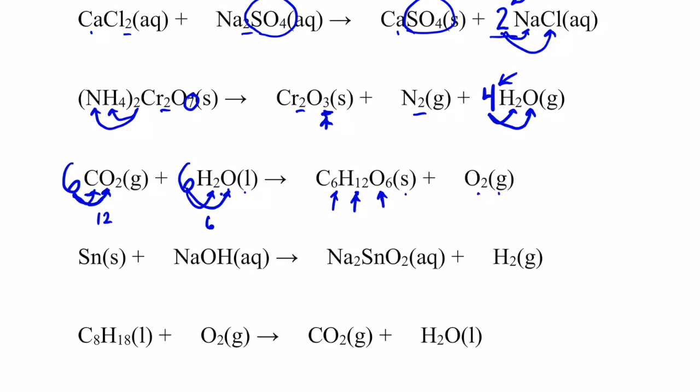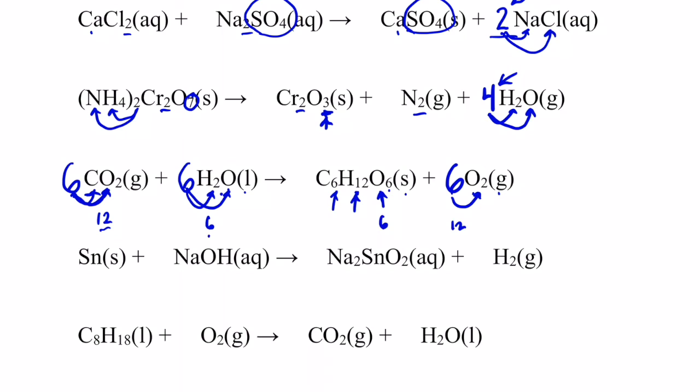I have 6 oxygens there, and so I need to get 12 more. What if I put a 6 in front of O2 here? Won't that give me 12 more oxygens on that side? Yeah. So I have 6 plus 12 oxygens, 18. I have 12 plus 6 oxygens on this side, and that's 18.